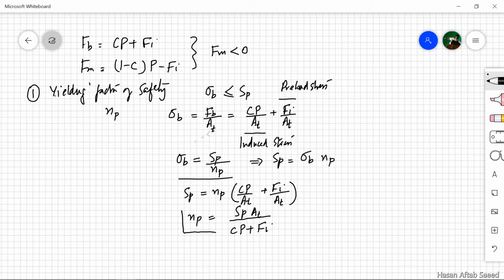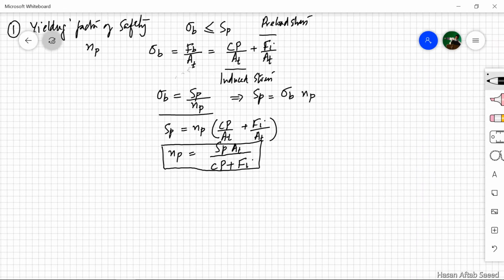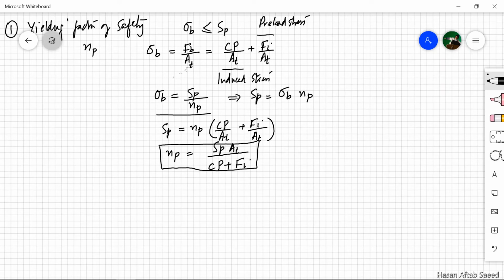So this is the value of the yielding factor of safety. If we know the values of SP, C, P, Fi and AT, we can know whether a joint is safe, and we can also know the magnitude of that factor of safety.